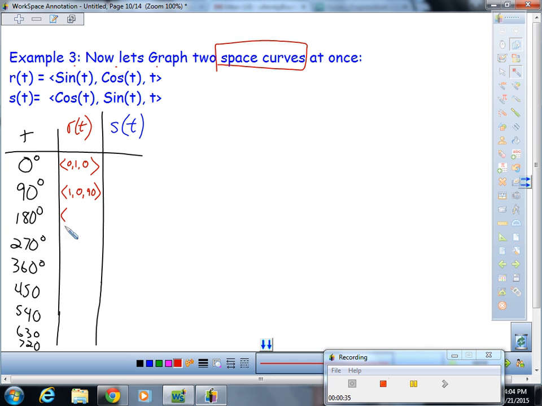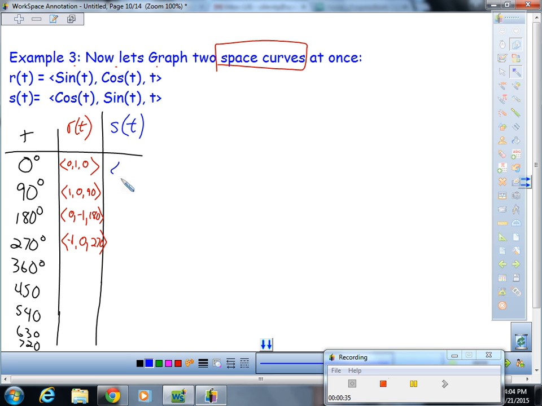And then 0, -1, 180, and then -1, 0, 270. Okay, so you can imagine that.